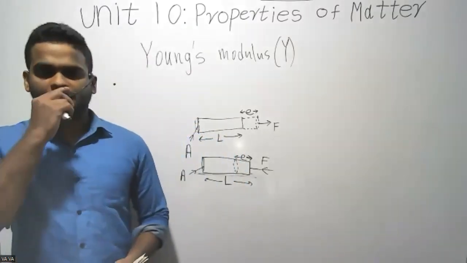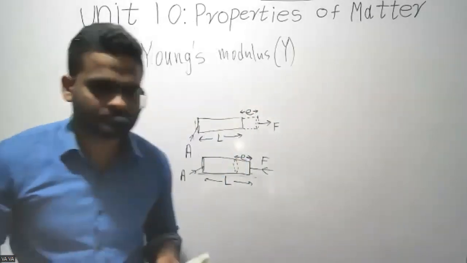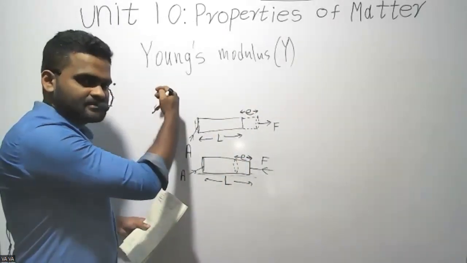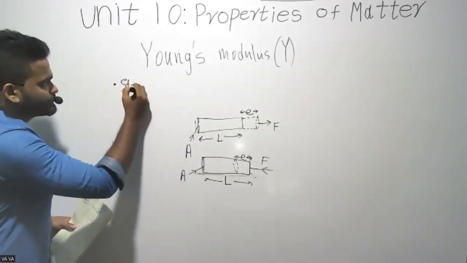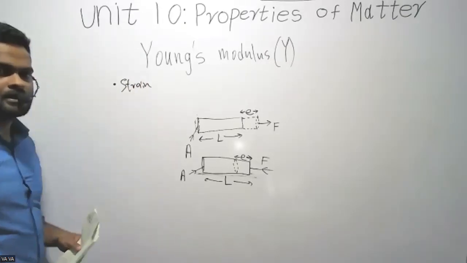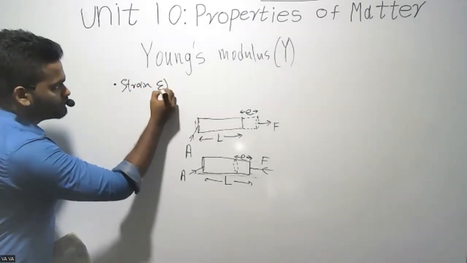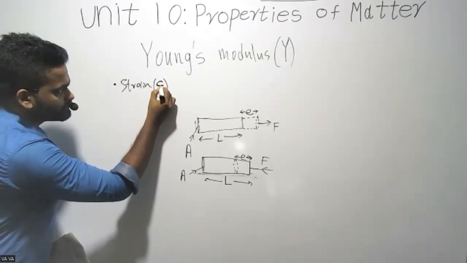Underline strain. So we talked about stress. This is strain. Within brackets, this is the symbol of strain, epsilon.